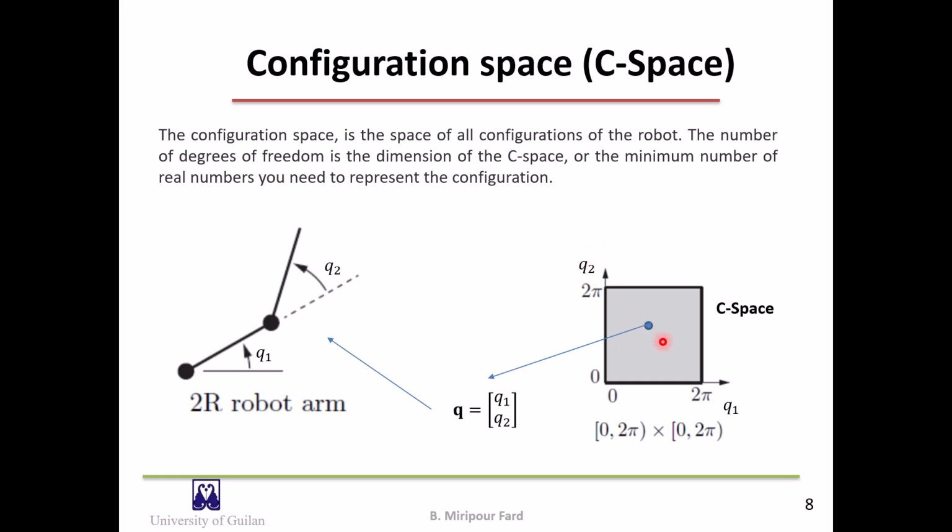Every point inside this space corresponds to a configuration. You see its mathematical representation and also physical representation. So this is the physical representation of a configuration, and this is the mathematical expression. And here you can see the C space, the configuration space of the robot.